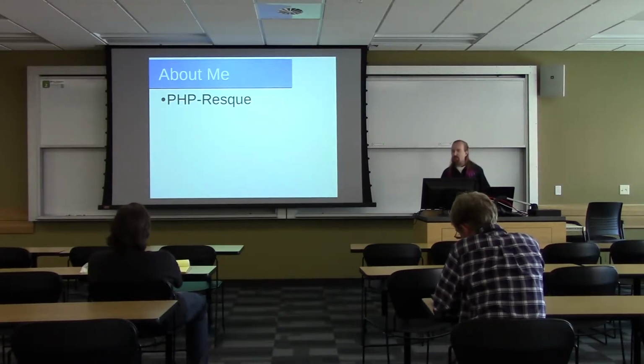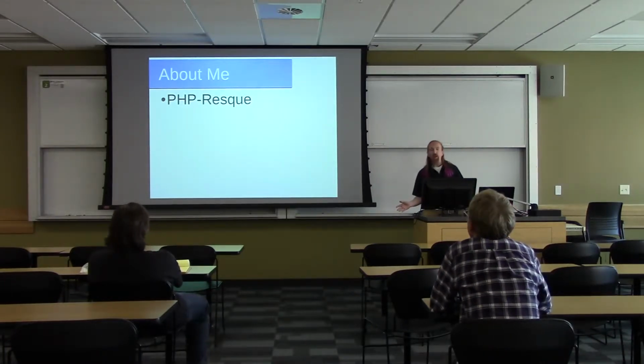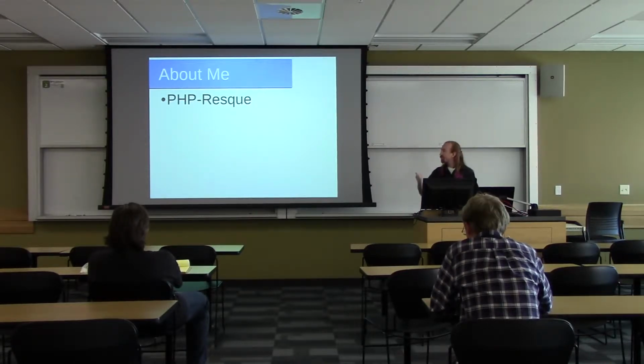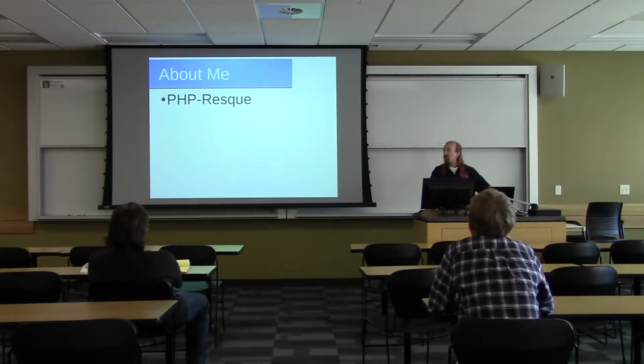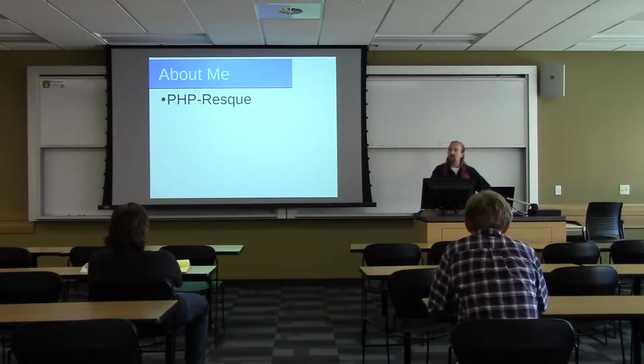First, a little bit about me. I'll skip all the boring details you don't care about anyway and jump straight into the one relevant reference I have. I am a contributor to the PHP Rescue project. It is a queuing engine. It's actually the PHP port of a Ruby project started by GitHub.